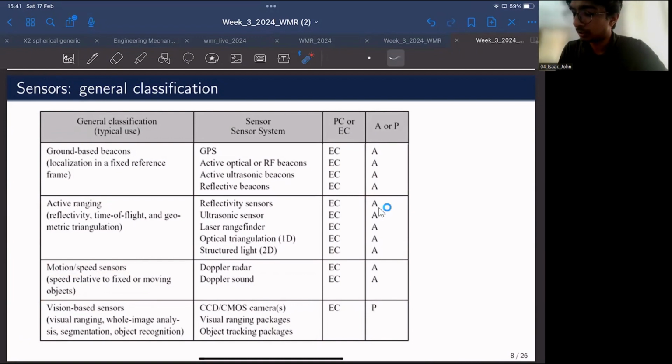So you can use the Doppler effect as a measure of the relative speed between transmitting and receiving objects. So in that regard, most of those things relying on the principles of the Doppler effect also mostly come under active sensors, and they are also exteroceptive. They measure something that is external to a mobile robot. And similar things can also be said for vision sensors. Actually, those are also exteroceptive passive sensors.